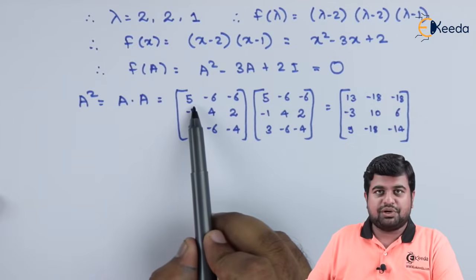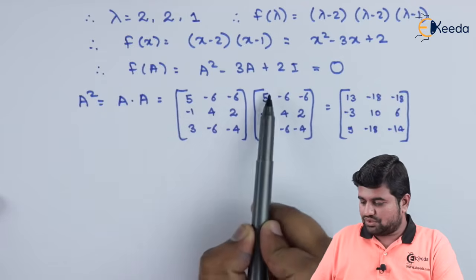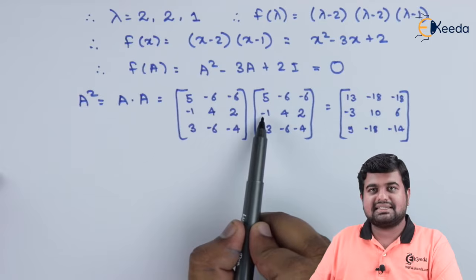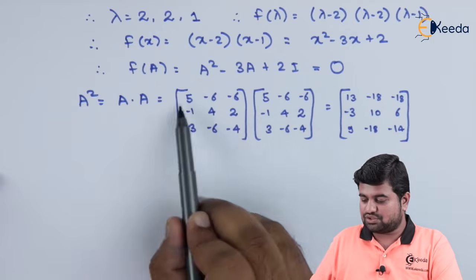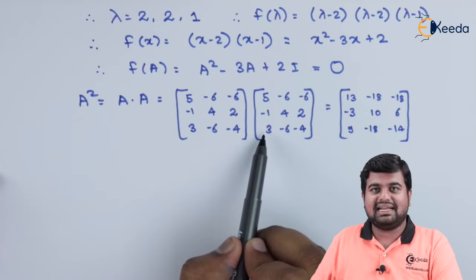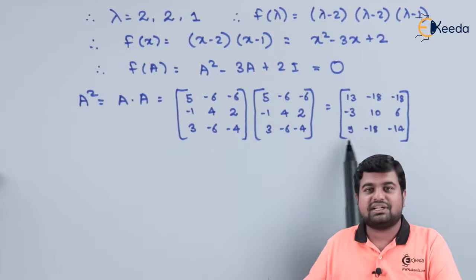So this particular matrix A is getting multiplied by itself. I'm going to take first row into first column, which is 5 into 5, which is 25, and minus 6 into minus 1, which is plus 6. So 25 plus 6 is equal to 31, and 6 minus 3, 18. So 31 minus 18 is equal to 13. Likewise, we have calculated all the values.